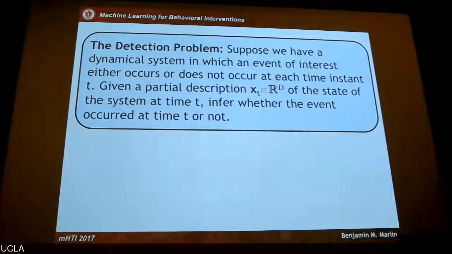The detection problem is, given some description of the state of that system, and again that may be via sensor data, social media data, or all kinds of other information that you can collect, the raw data, some sort of raw description of the state of the system, we want to infer whether the event occurred or not at every time point.